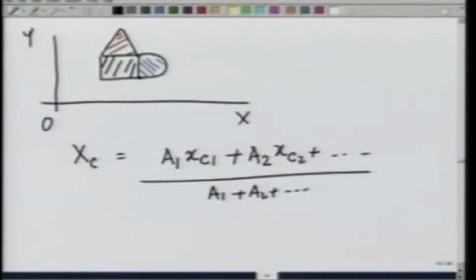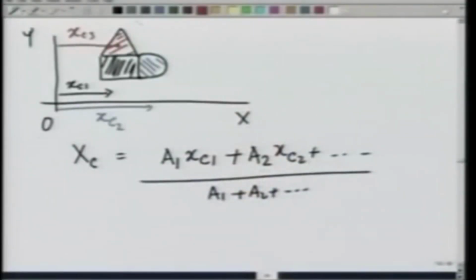That means, in this case, if I consider the square to be area 1, then x c 1 is known. Similarly, if I take the semicircle to be area 2, then x c 2 is also known because we already calculated it, and x c 3 for the triangle is also known. I also know the formula for the 3 shapes and therefore can easily calculate the centroid for the entire system.